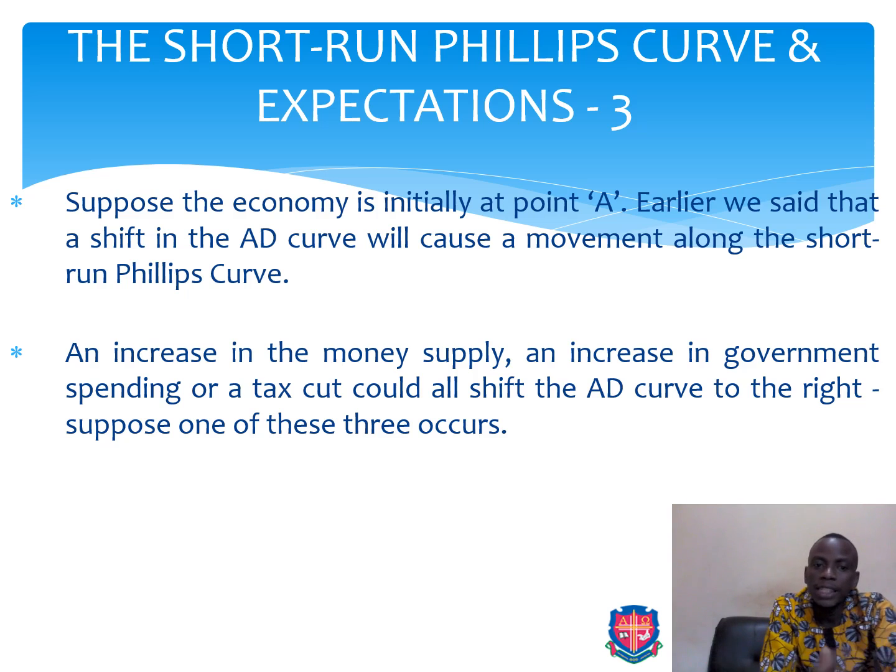So in this case, an increase in the money supply, an increase in government spending, or a tax cut could also shift the aggregate demand curve to the right. Suppose one of these three occurs.